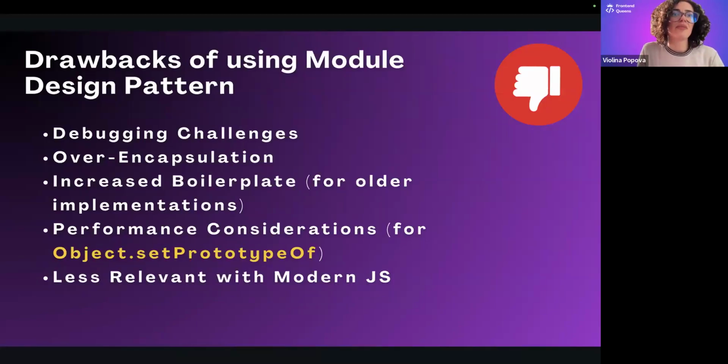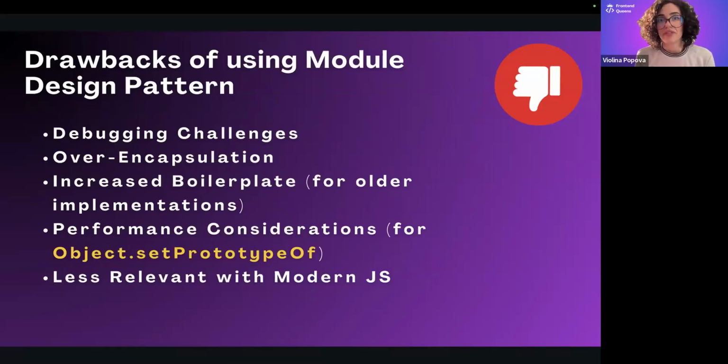And finally, perhaps most critically for most modern JavaScript, the module pattern in its original form is less relevant with modern JavaScript. The introduction of native ES modules, imported and exported with import and export keywords, provides a more intuitive, performant, and standardized way to achieve modularity and privacy without the need for manually invoked wrappers.